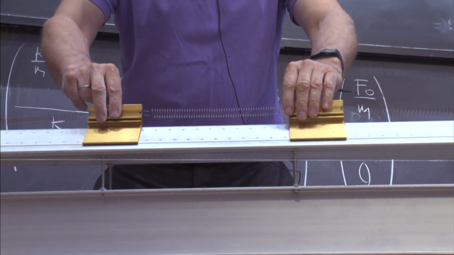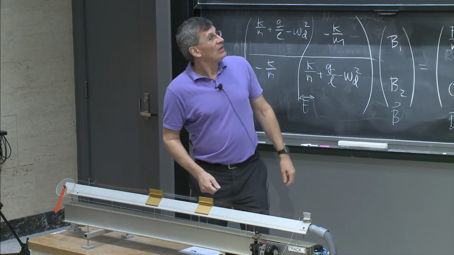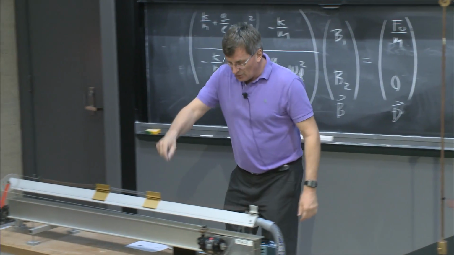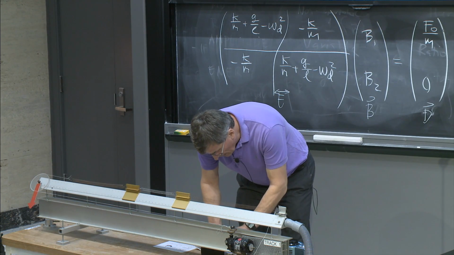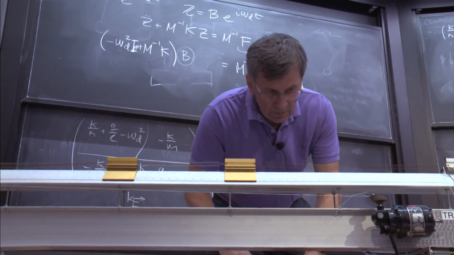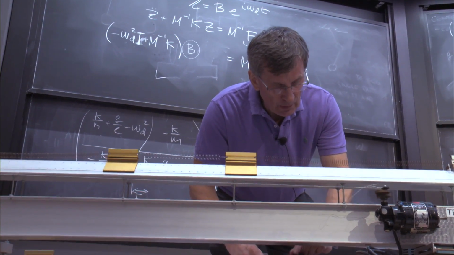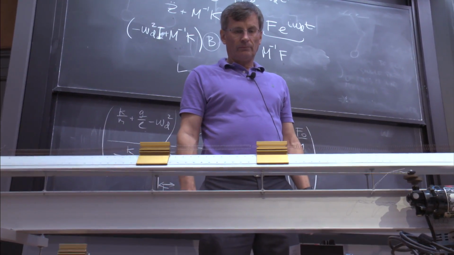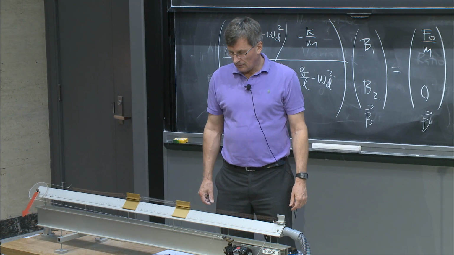Okay? So now let's try to drive it. So how do I drive it? I have some sort of engine here which is applying frequency. So let's start with some sort of slow motion. Okay?